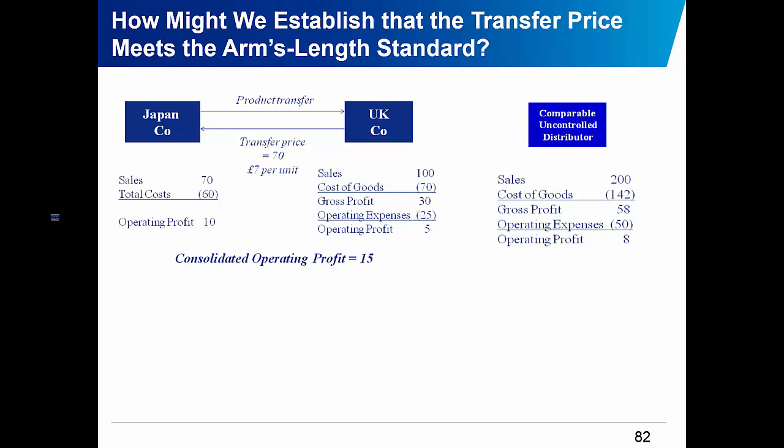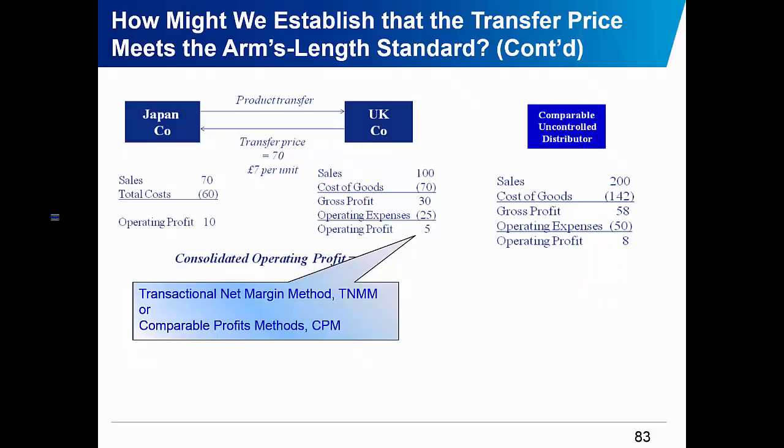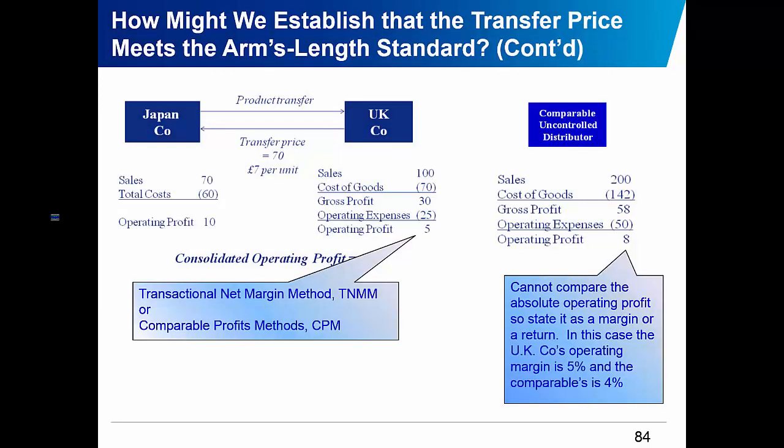All right, the first issue here is that we can't compare the operating profit level for level, dollar for dollar, because these companies are operating on two different scales. The uncontrolled company has got double the sales of our tested party, the UK company. So if we're going to apply the transactional net margin method, we need to create a common measure of profitability. In this case, we're going to use one that's used frequently, and that is we're going to look at their operating margins.